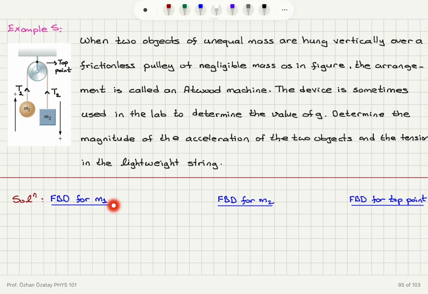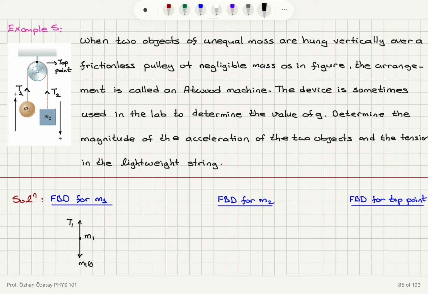So here is the free body diagram for M1. M1 is modeled as a point particle. It feels the tension T1 that's pointing up, and it has a weight M1g that is pointing down.